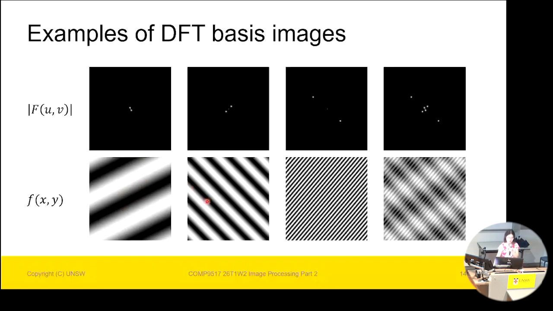And if this is an input image, the Fourier transform should look like this. In this one, we are showing these 3 images. They have some patterns, and these are the frequency domain information. And this last image is actually a combination of these 3 images.